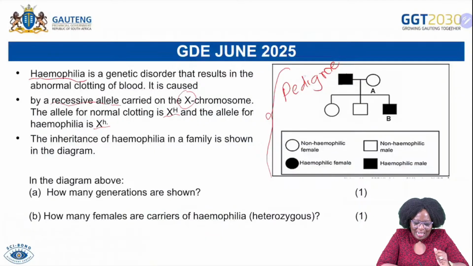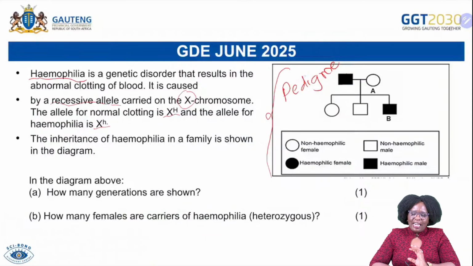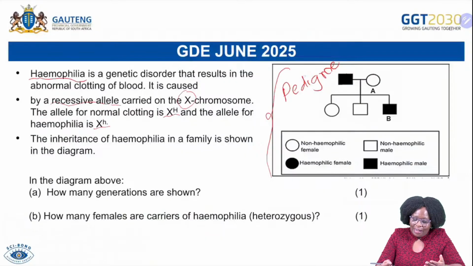In the diagram above, now we are looking at the questions. How many generations are shown? Before you even start answering the genetic problem or any problem that is given with a pedigree diagram, you need to familiarize yourself with what you see. On the pedigree diagram, we have the diagram itself, but importantly, we have the key.